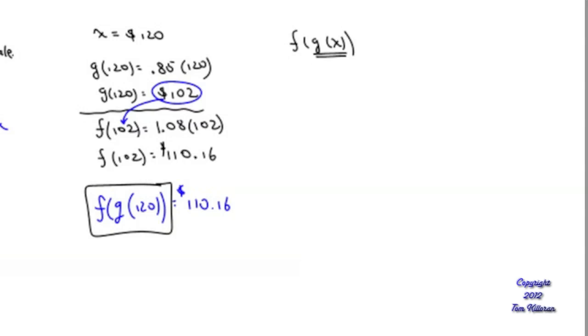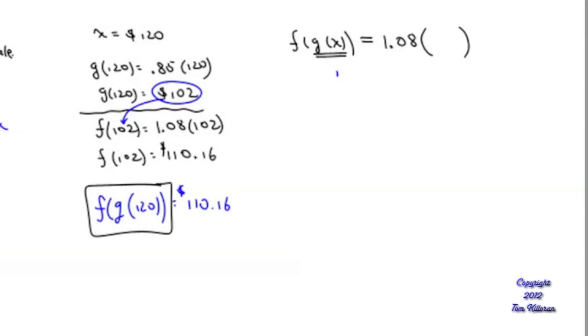What does f look like? Where's f? There it is. 1.08 times x. So I'm going to rewrite this as 1.08 times something. And what I'm going to plug in there is exactly what it says to, which is g of x.